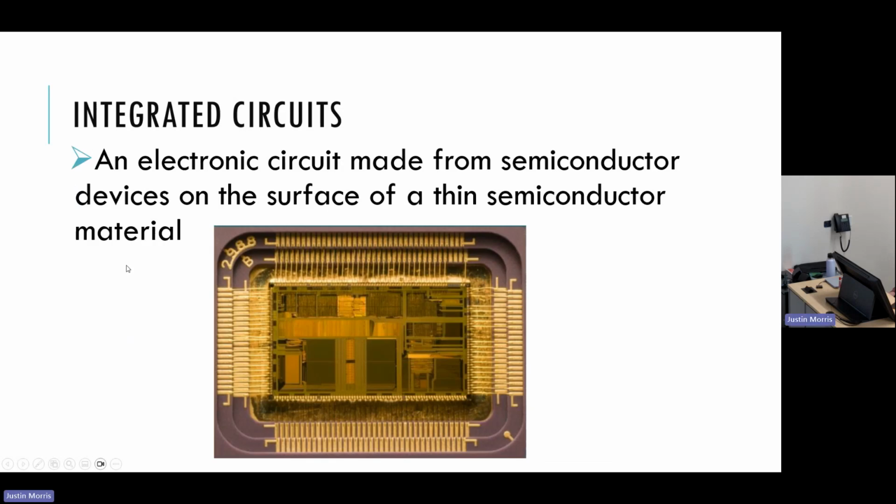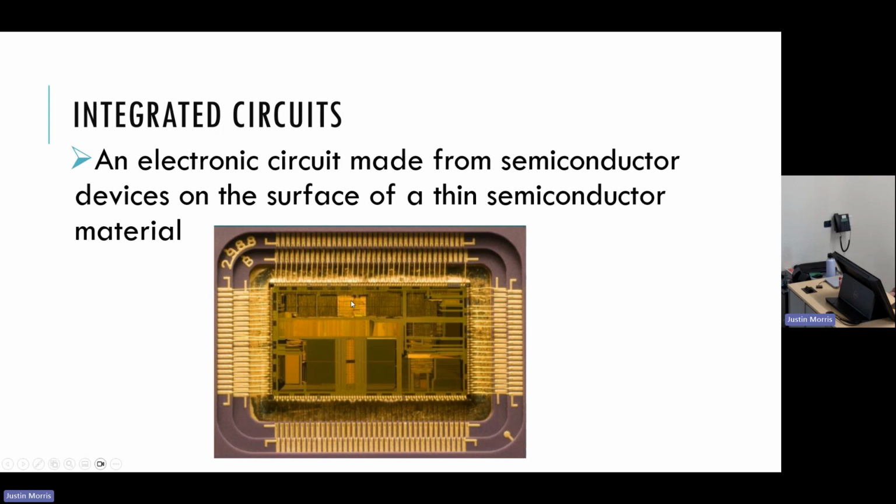All right, so we talked about integrated circuits. So this is an electronic circuit made from semiconductor devices on the surface of a thin semiconductor material. So this is a real chip, and it doesn't have the usual coating over it to protect it.